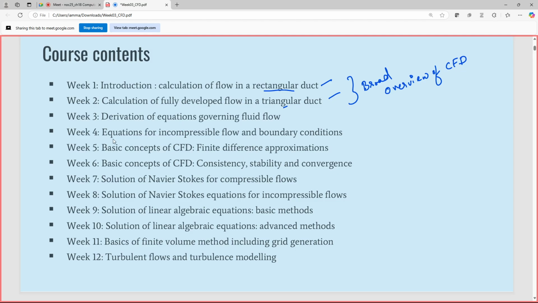Whereas from the third week onwards, we are going to look in detail at the basic steps involved in the CFD methodology. In the third week, if you have watched the NPTEL videos, they discussed thoroughly the types of fluids and the types of fluid flows, and also how we can use differential equations to model the physical behavior of fluid flows.